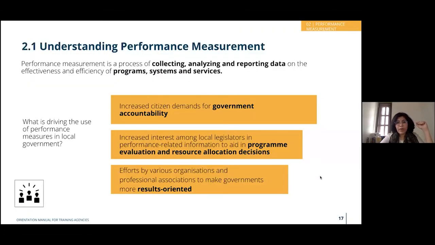So very broadly, what is performance measurement? It's a process of collecting, analyzing and reporting data on the effectiveness and efficiency of programs, systems and services. And I think it's important that we highlight in this module this idea of collecting, analyzing and reporting data with the purpose of improving the efficiency of programs, systems and services. Right?